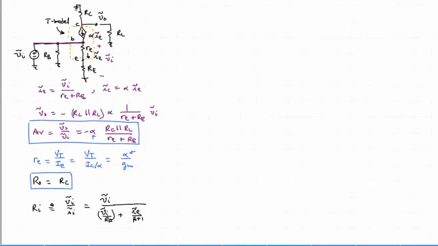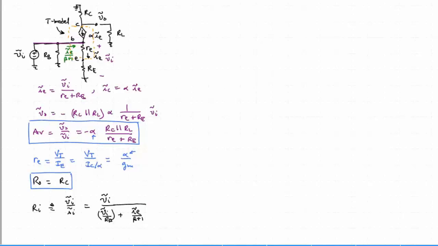Now you might think that all of the current going in this path here, the VI over little re plus big RE, is going to come from the base, but that's not the case, because most of that current is coming through this current source here. In fact, if beta is 100, then 99% of that emitter current is coming from the collector, and only 1% is being supplied from the base. And so we can instead write that the current through the base, IB here, is simply IE divided by beta plus 1.